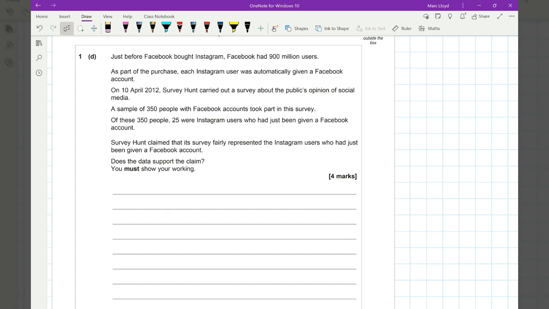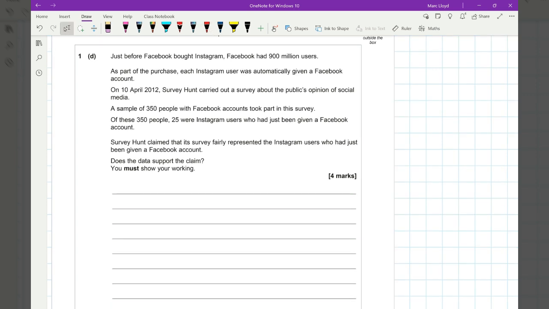A sample of 350 people with Facebook accounts took part. Of the 350, 25 were Instagram users who had just been given a Facebook account. Survey Hunt claimed that its survey fairly represented the Instagram users who had just been given a Facebook account. Does the data support this claim?